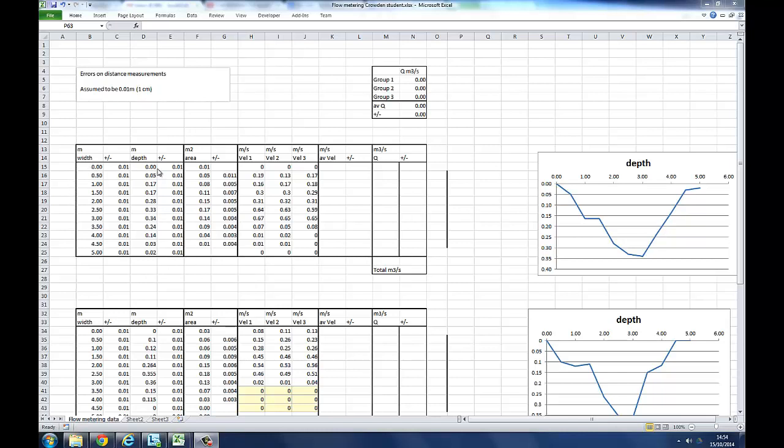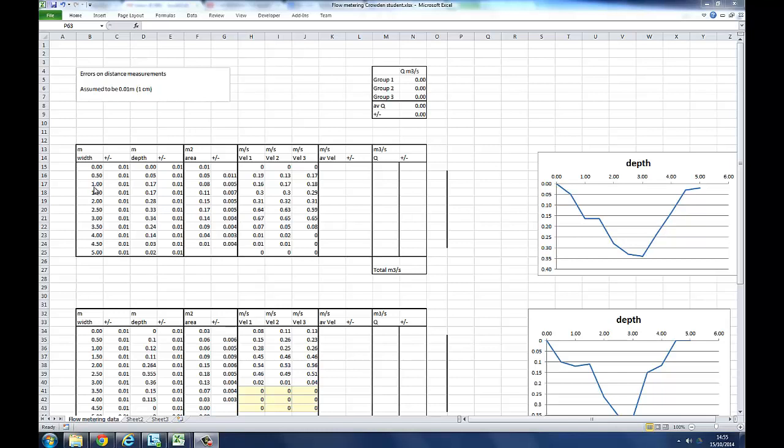So we've got the width and the depth. I've assumed that there's a 1 centimetre error on any of the distance measurements. The error's probably less than this, but when the water's turbulent and you're measuring the depth, the water moves up and down a bit.